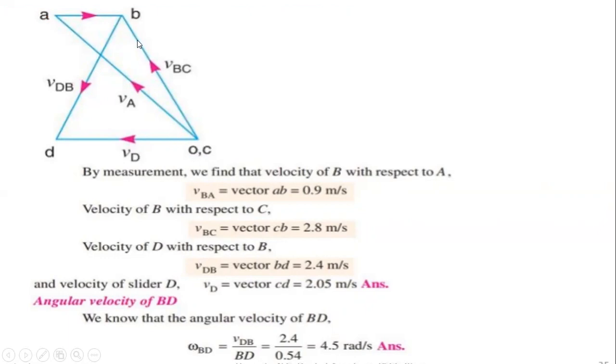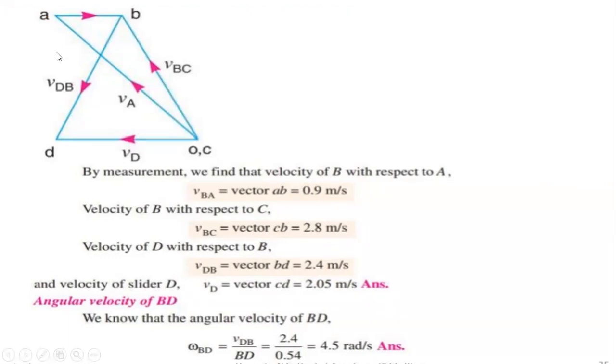Next, we need to find the velocity of B with respect to C, that is vector CB. By measurement, we get the value 2.5 meters per second.